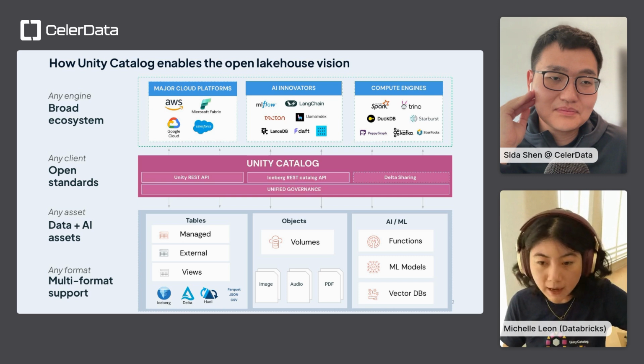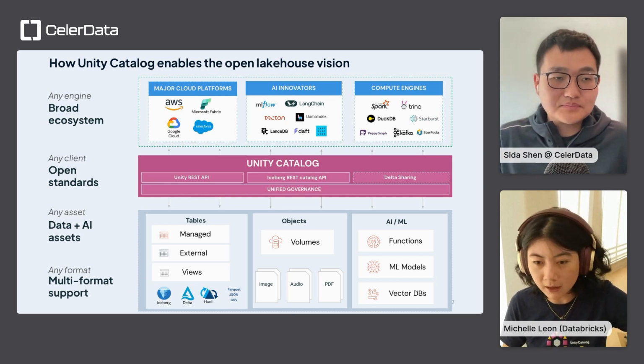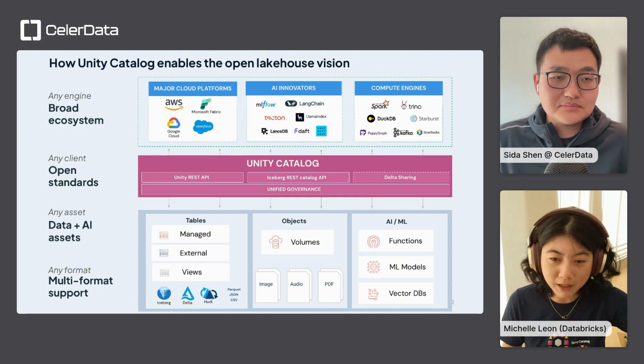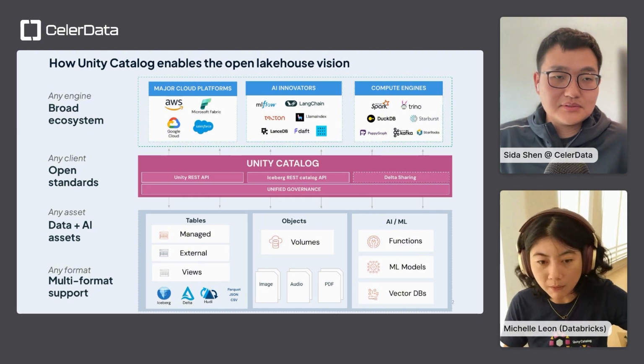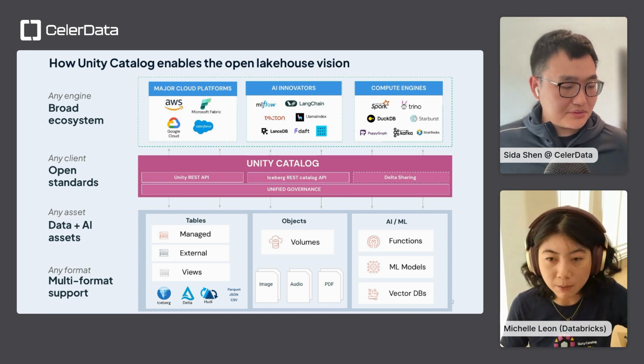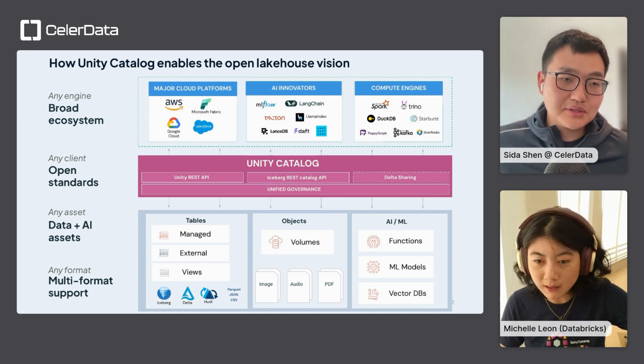You might have a piece of code that needs to access tabular data. It also needs to pull some PDFs or images for training data. And then maybe you're executing a model. This is the same user who needs to do all of these things.